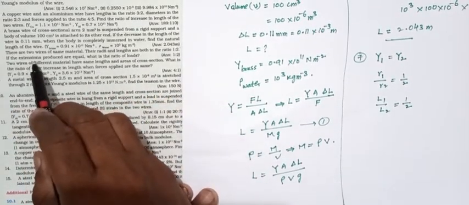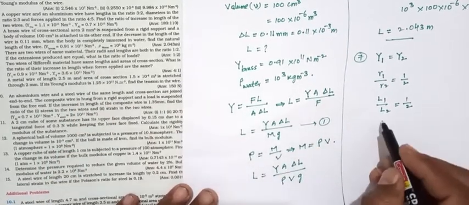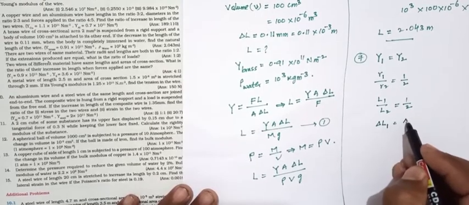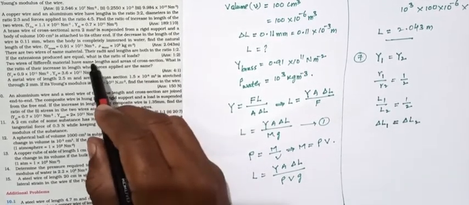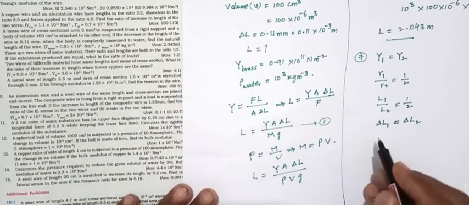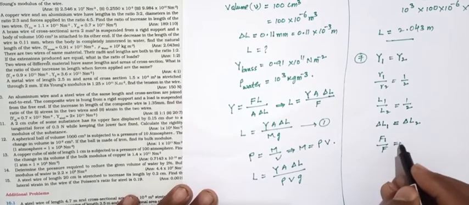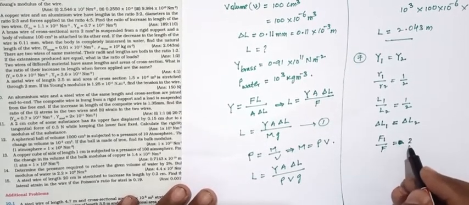If the extensions produced are equal, delta L1 equals delta L2, so what is the ratio of loads? What is F1 by F2?